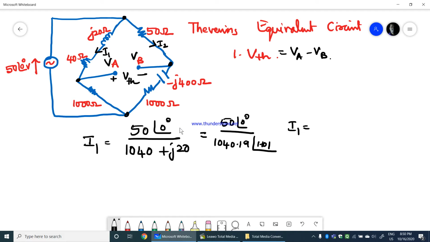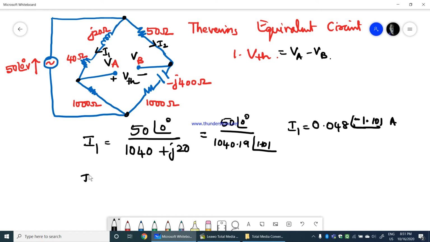I will get 0.048 at an angle minus 1.101 amps.